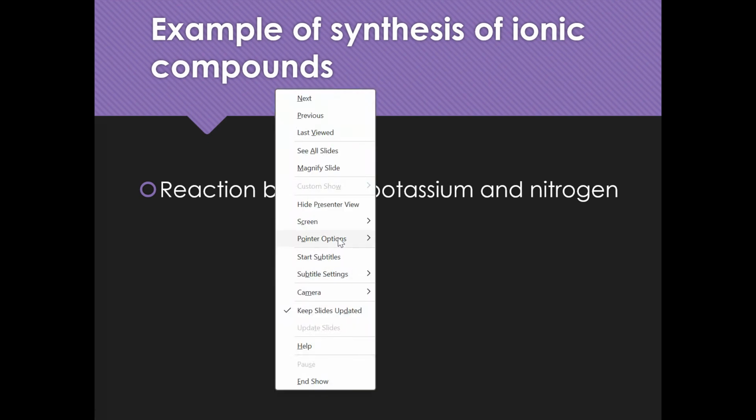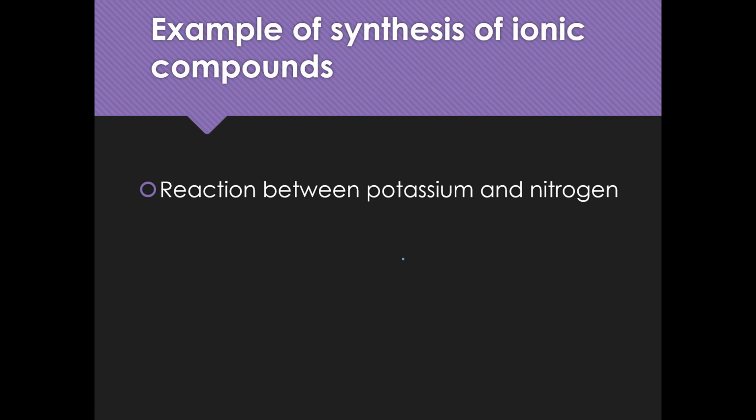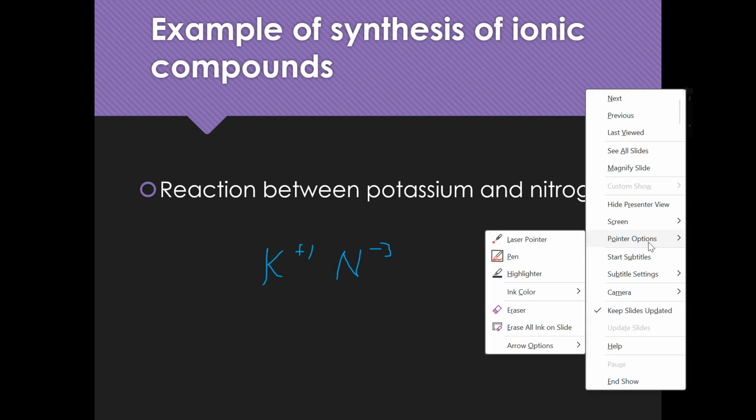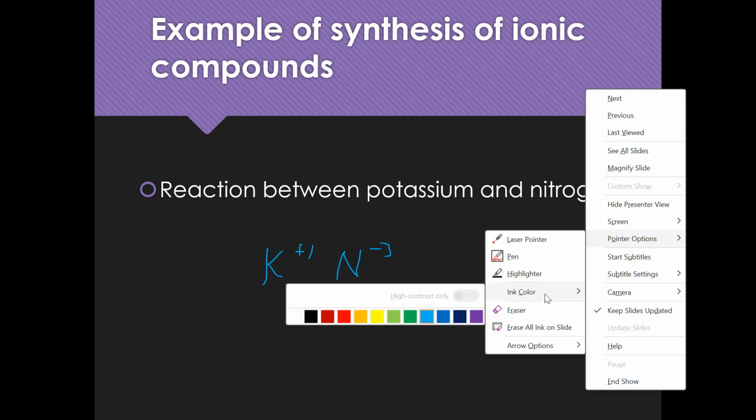Try this again. So potassium is plus 1. Nitrogen is minus 3. So let's change some colors up. Let's have our yellow.